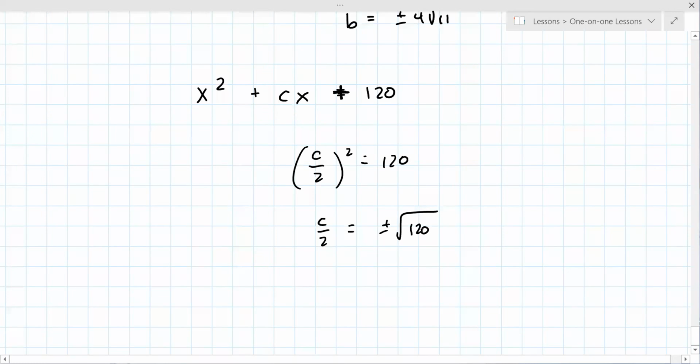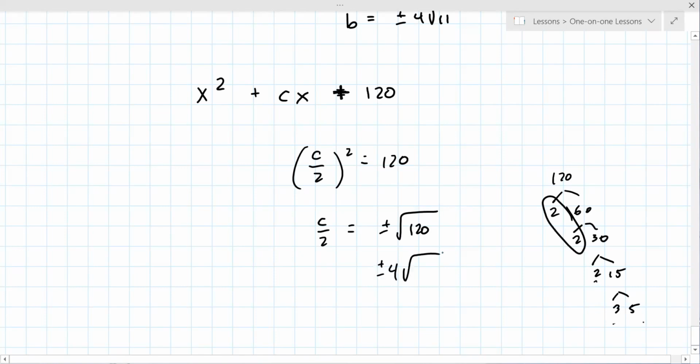How do you do square root of 120? Because when I did it, I did the factor tree, so I did 2 and 60. Yeah, 2 and 30. So this one only has one pair. So then what do you do? Because you're left with 3. You multiply them. Oh, you multiply all 3. Plus or minus 4 square root 2 times 3 times 5, or you go back to that original number, 30.